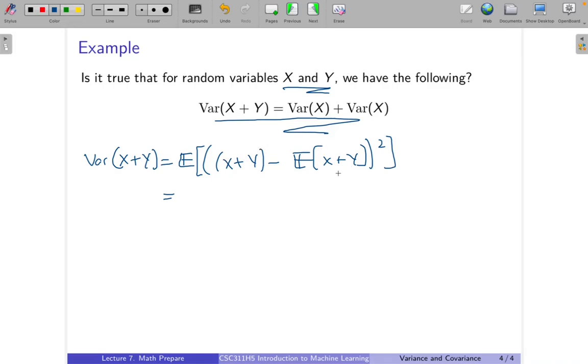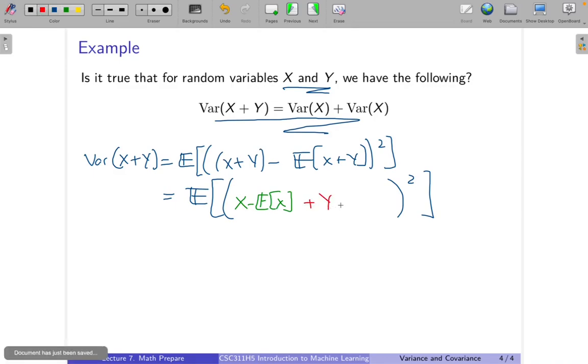And I'm just going to expand out the expected value and shift this a little bit. Within this square, I'm going to pull out my x and my expected value of x, and then I will have in red my y and expected value of y. All right, and then I'm going to expand out the square, keeping the green part together and the red part together.